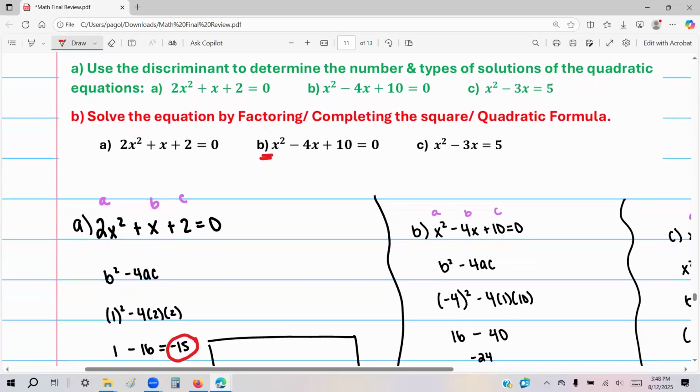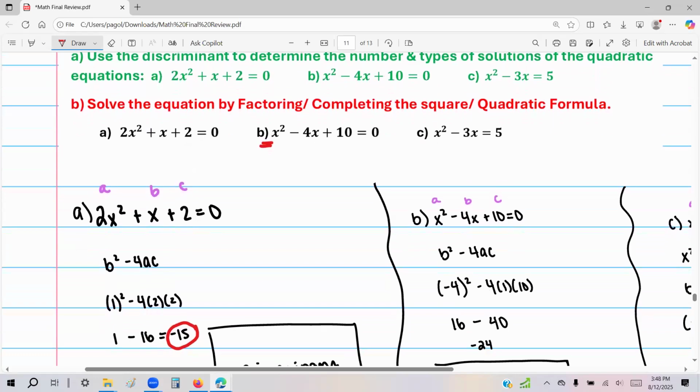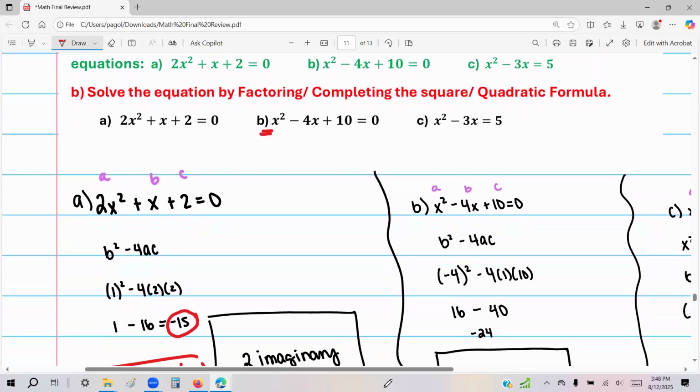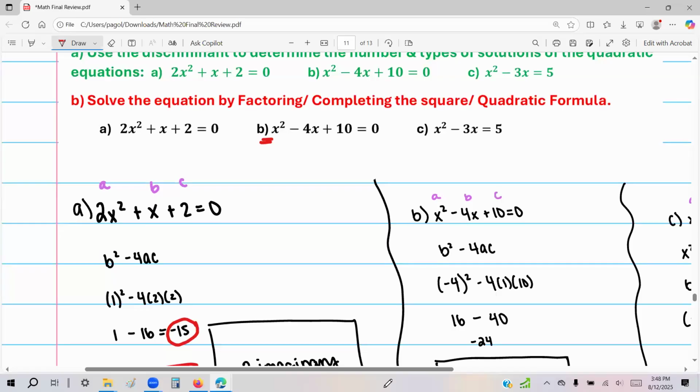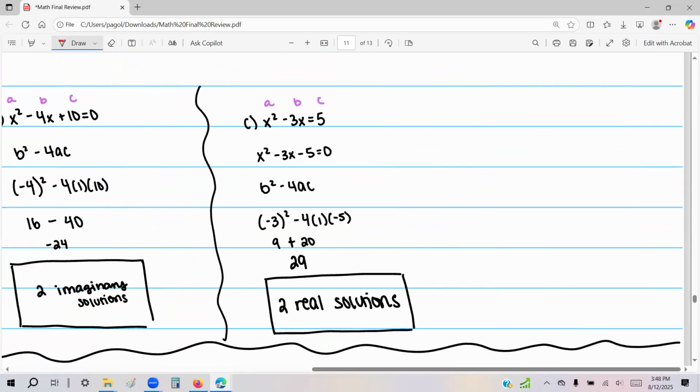But I thought I gave 1 positive, 1 negative. b squared means 1 squared, 4 times 2 times 2. Oh man. Did I give 1 positive, 1 negative? How come I have 2 negative?